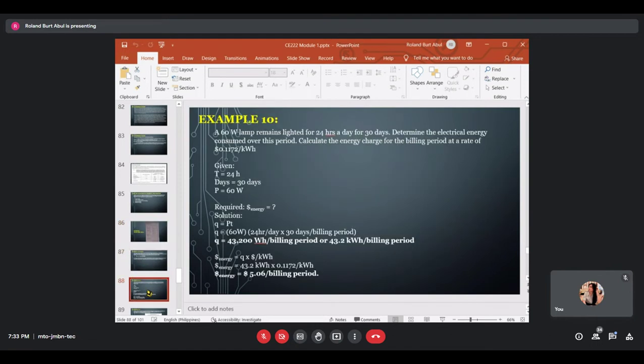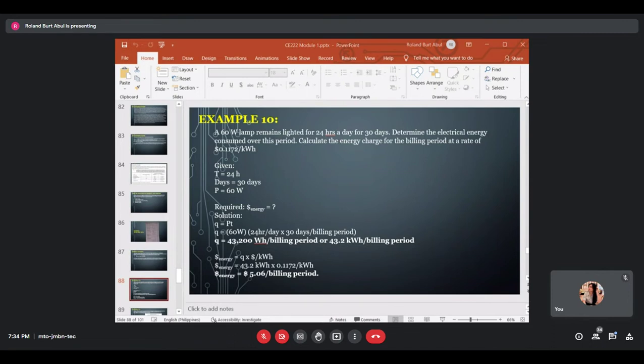So what is required here is the energy charge. To solve the energy, the formula is power times time. Since it was mentioned that the light is on for 24 hours a day, we get the energy consumption for 30 days.